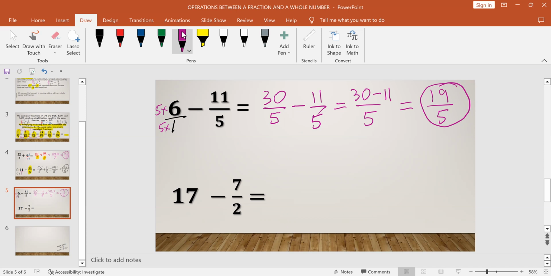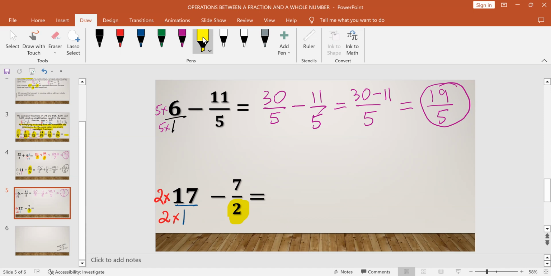Now let's do the last operation, 17 minus 7 over 2. So again, we change 17 to a fraction. Now we multiply 17 by 2, 1 by 2. I choose 2 because the fraction here has 2 as a denominator.